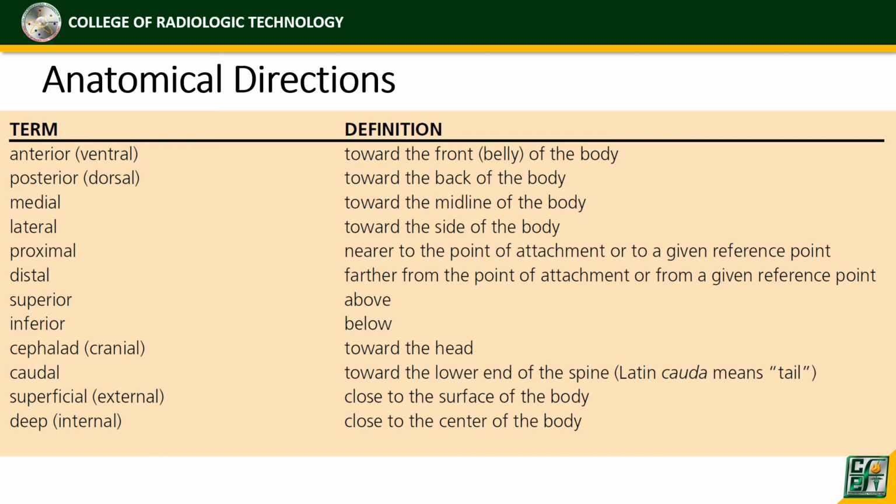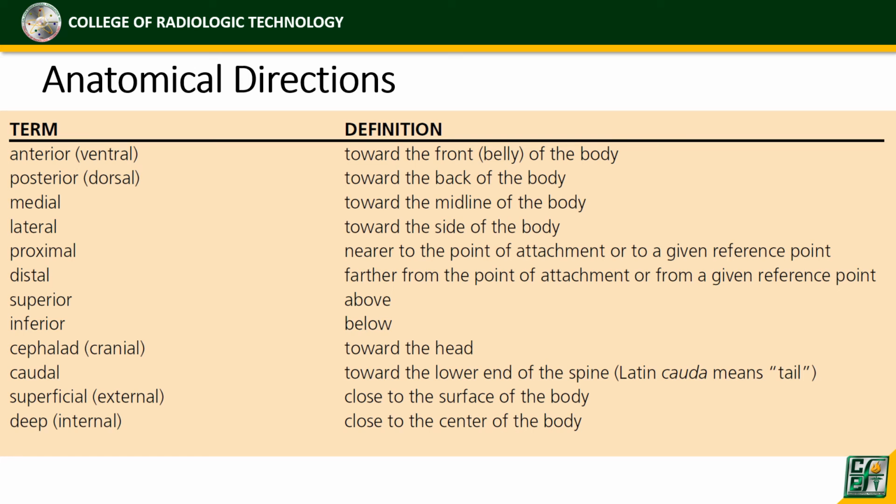Okay, next we have superior and inferior. When we say superior, above. When we say inferior, below. Above, below. Taas, baba. Superior, taas. Inferior, baba. Next, we have the term cephalad or cranial, then we have caudal.